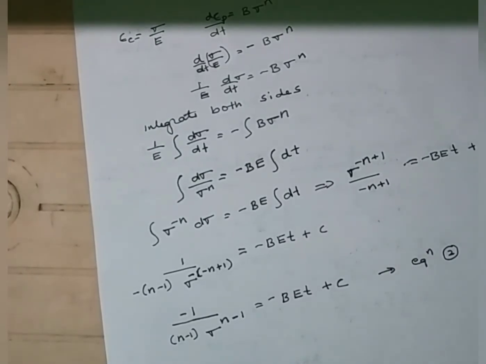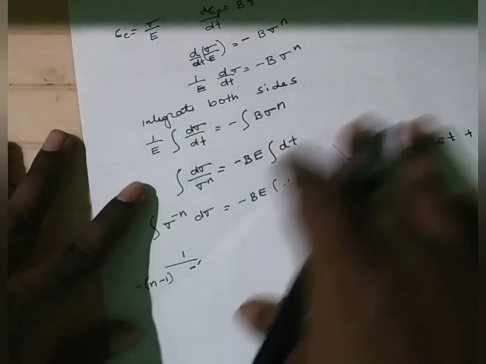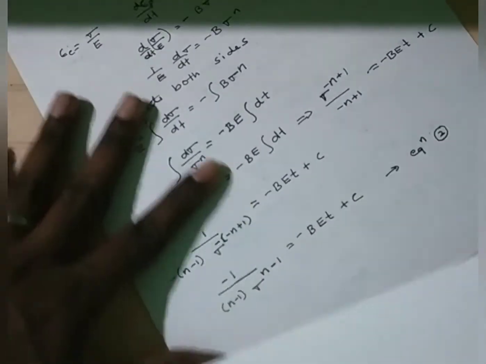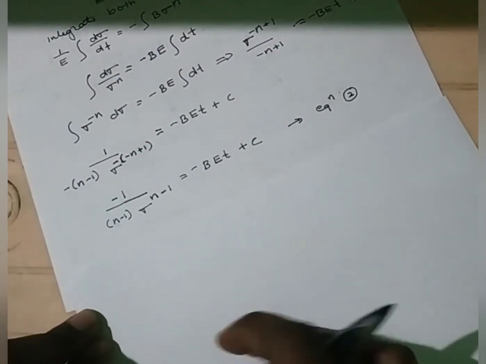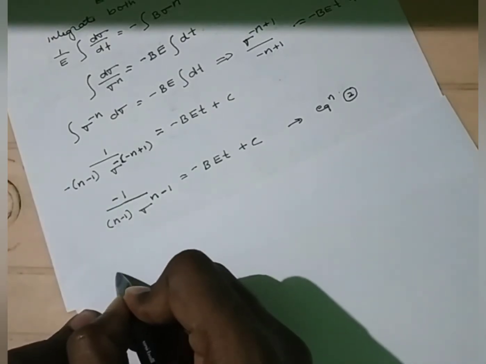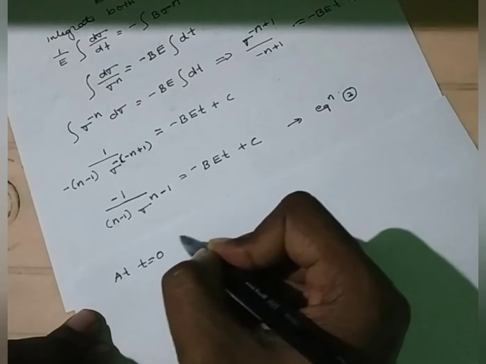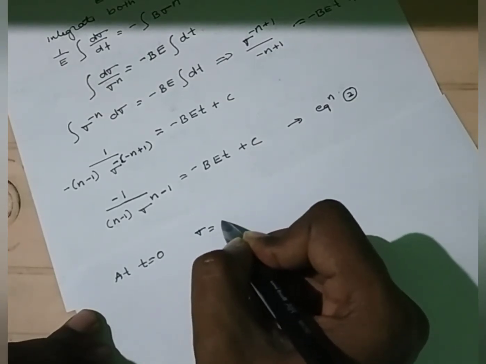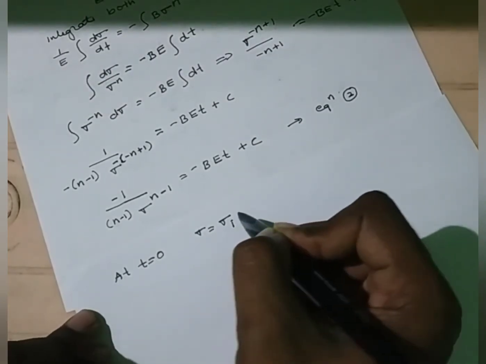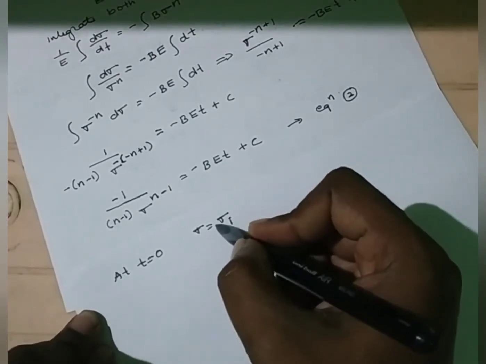Now to find the value of C, I'm going to apply the limits. That is, at t equal to 0, what will be the stress value? That is the initial stress. I'm going to consider it as sigma i, where sigma i is the initial stress.